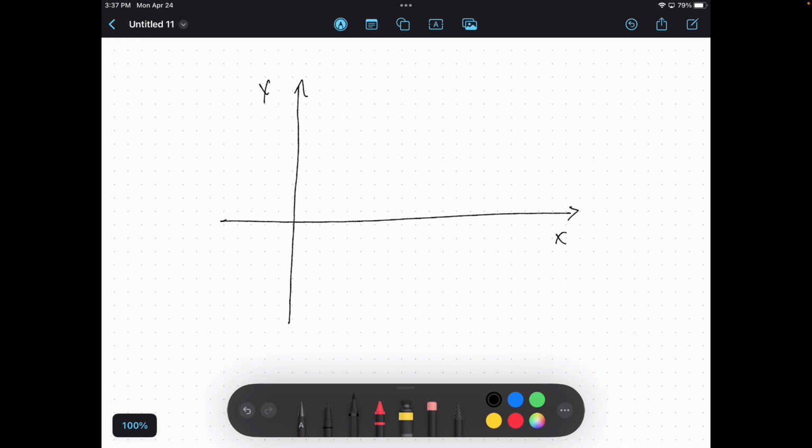So X and Y. Let's think about this. There's this one point here that is pulling the line down.